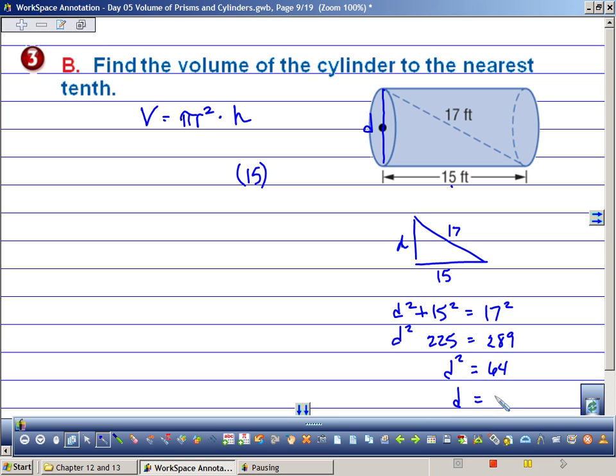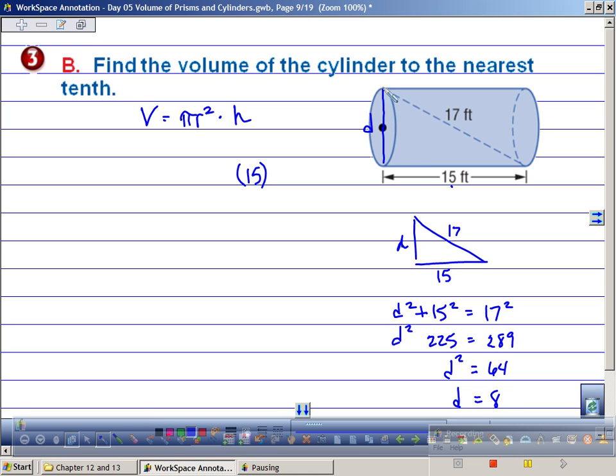So d is 8. Square root of 64 is 8. So the diameter is 8, therefore the radius is 4. So you just cut it in half. Easy mistake. 753 feet cubed.